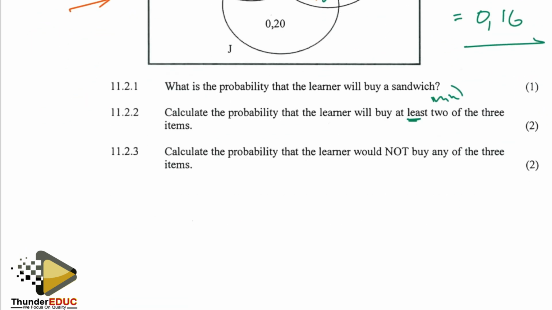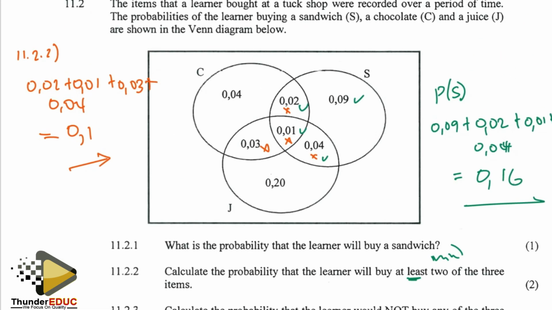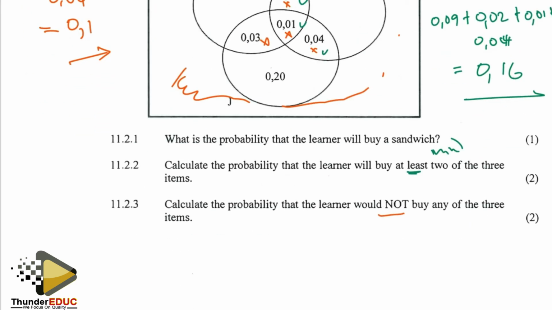Then 11.2.3. The probability that the learner would not buy any of the 3 items. Any of the 3. So which means they want us to look for what is left outside here. So you need to add up everything inside. But now since we already have the ones that we just got as 0.1, or we can just look at the sandwich, which is 0.16, and then we add this, add that, and then subtract from 1.